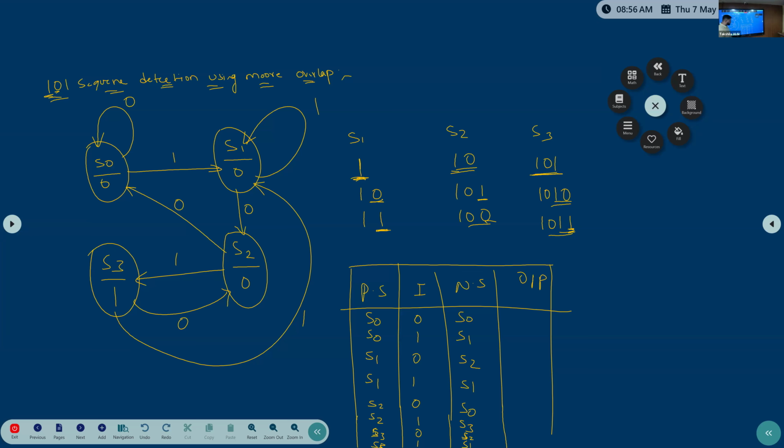S1 state. So now see, for S0 state, what is the output? S0 state, both are 0. What is the output? 0, right? This one you need to check, you need to observe. In both cases, 0. So S1 state, what is the output? 0.